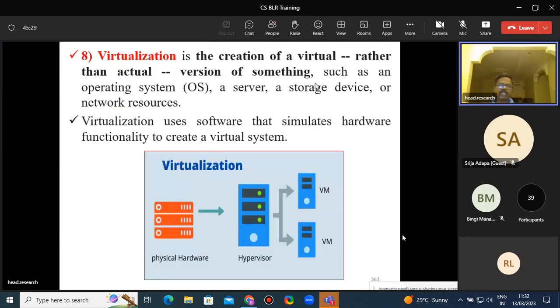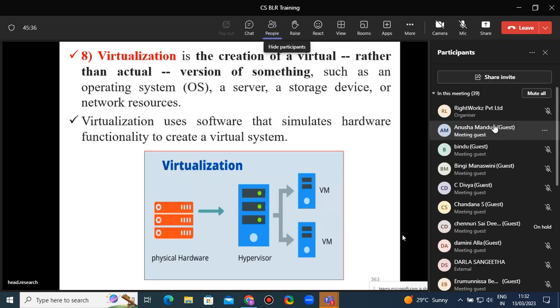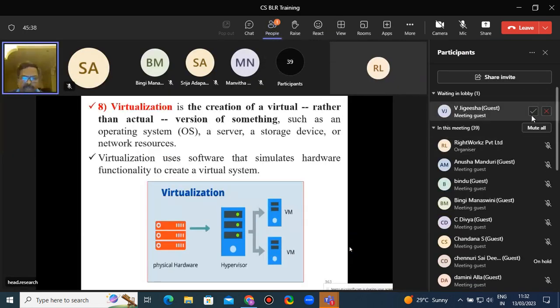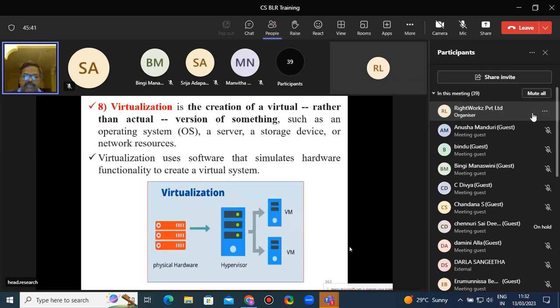Eighth one is virtualization. Virtualization is the ability to perform multiple tasks in a single system with the help of virtualization software such as VMware, hypervisor, Xen, virtualizer, etc. So virtualization is the creation of a virtual rather than actual version of something, such as an operating system, a server, a storage device, or network resources.